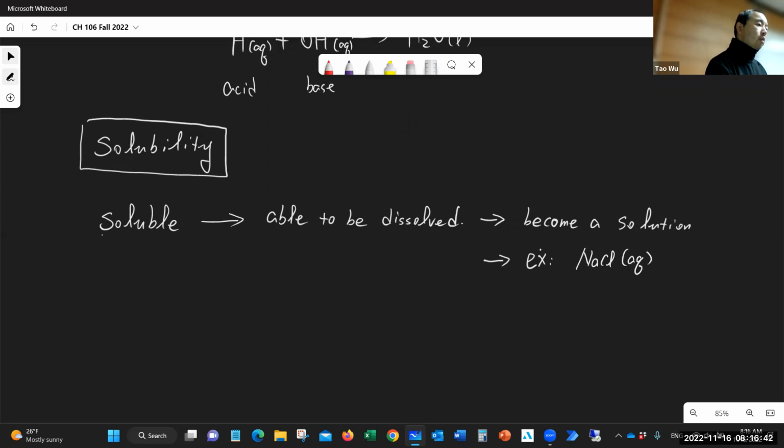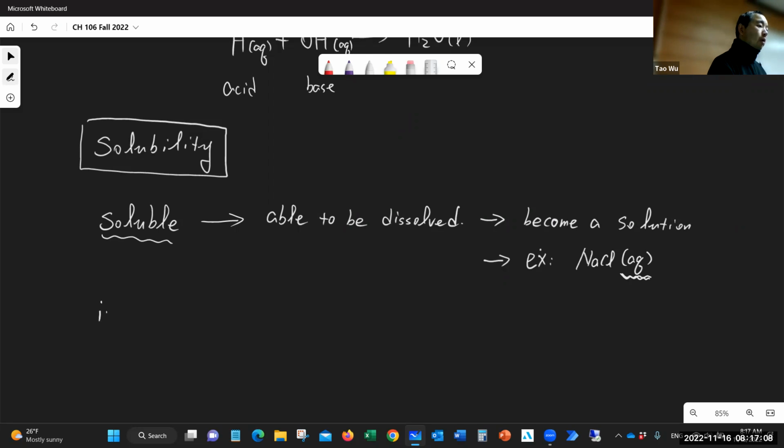If it is soluble, it can be dissolved in water, and when you write it in solution, you write AQ, which means it is able to dissolve in water, or is aqueous. So that means it's soluble.